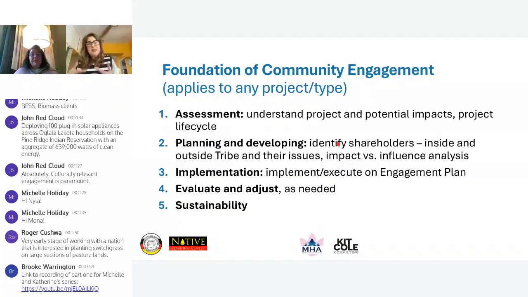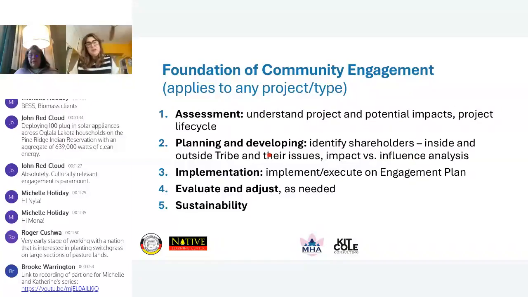So identifying folks who might be impacted inside and outside the tribe, and identifying their issues. And we're going to look at that stakeholder matrix, and talk about the connection between folks, their issues, and how to communicate with them. Implementing your plan, evaluating and adjusting, and then having an element of sustainable ongoing communication if it's needed and wanted.